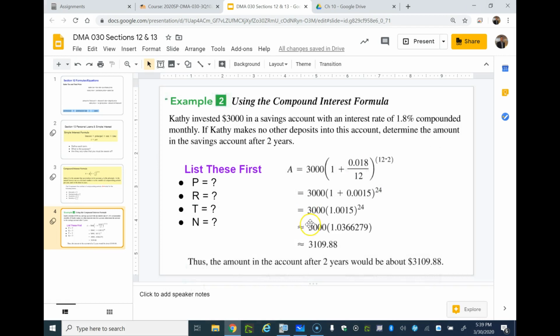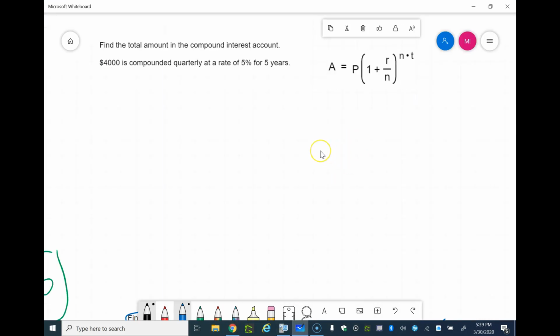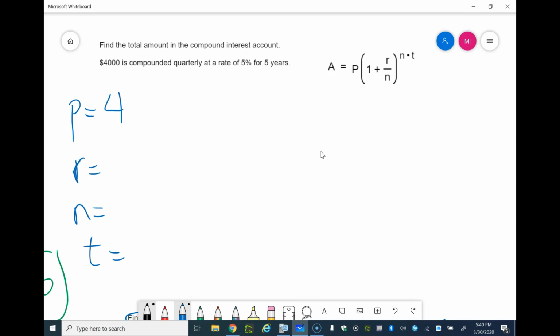Let's do an example. So like I said before, we're going to come off to the side and write all the letters that we need. P, R, N, and T. So 4,000 is going to be the principal, and the rate's going to be 5%.